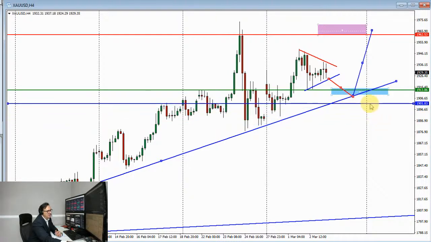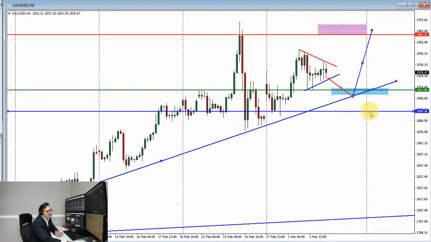In that case, they would put their stop losses very tightly, maybe 10 points above, and they would be looking for the extension to the downside over a longer period of time.